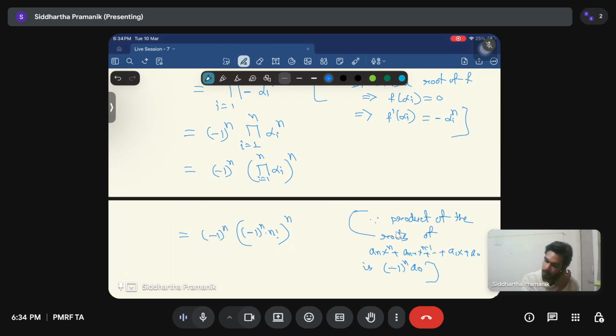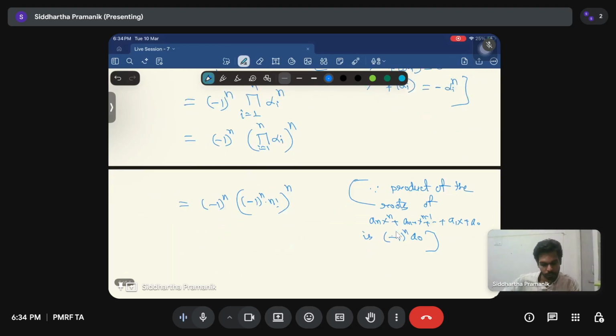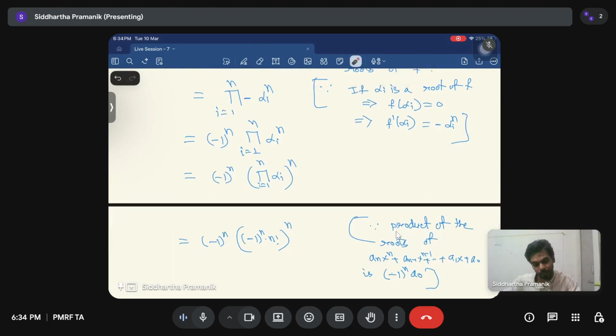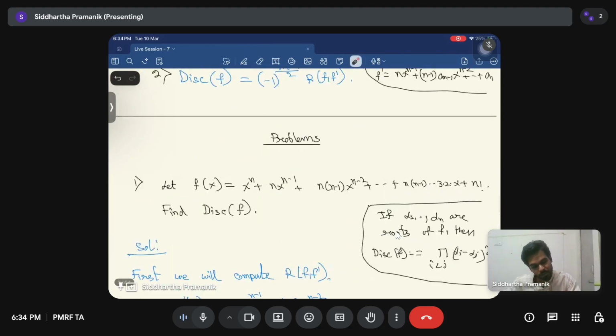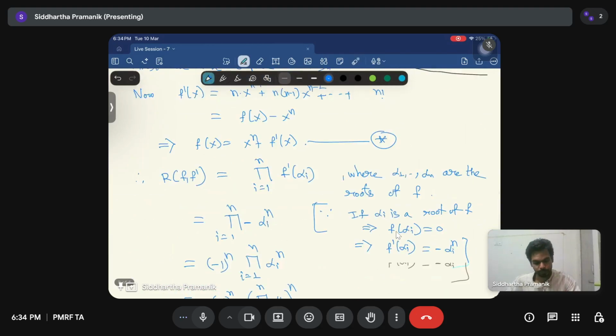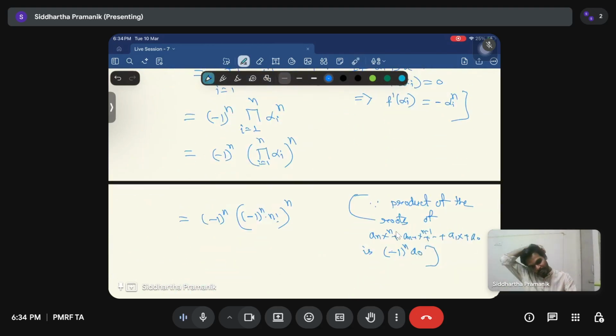There is a formula in theory of equations, you might have seen this. Let's use this, because the constant term is n factorial in our case. So a0 is n factorial, and we have found the resultant without knowing the roots of the polynomial.